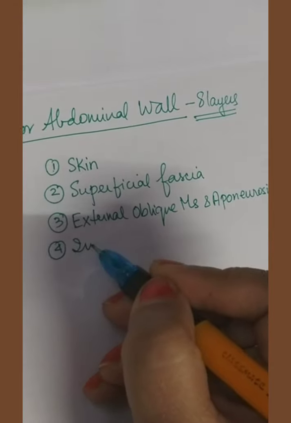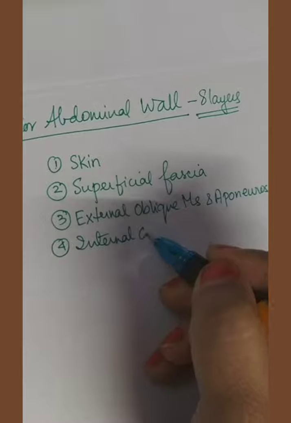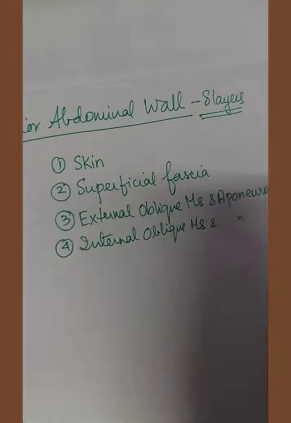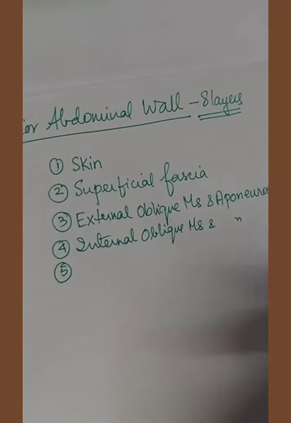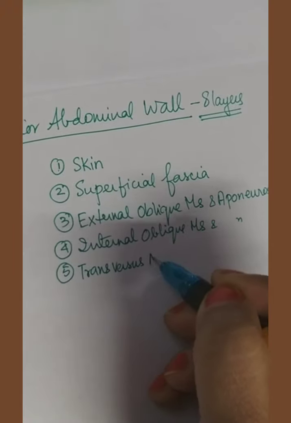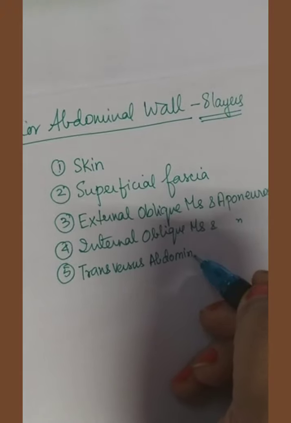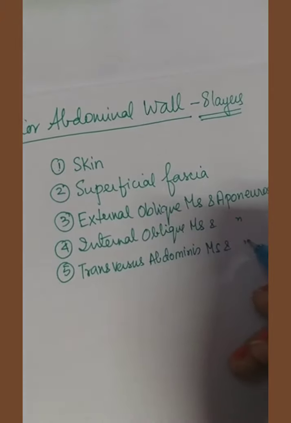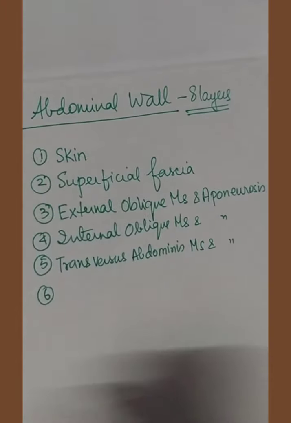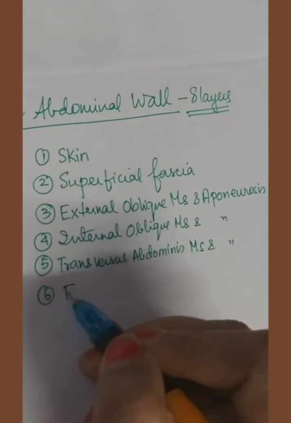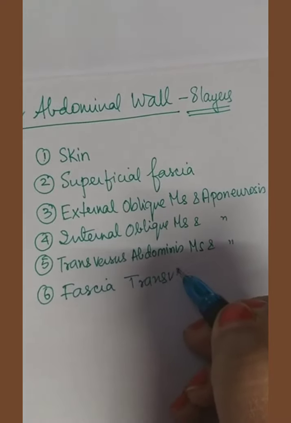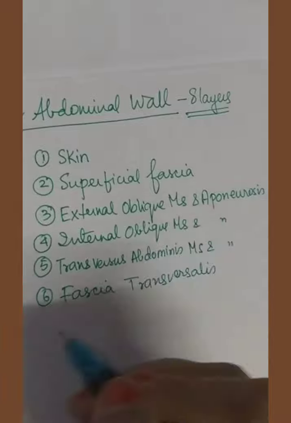The fourth is the internal oblique muscle and its aponeurosis. The fifth is the transversus abdominis muscle and its aponeurosis. The sixth one is the fascia transversalis.